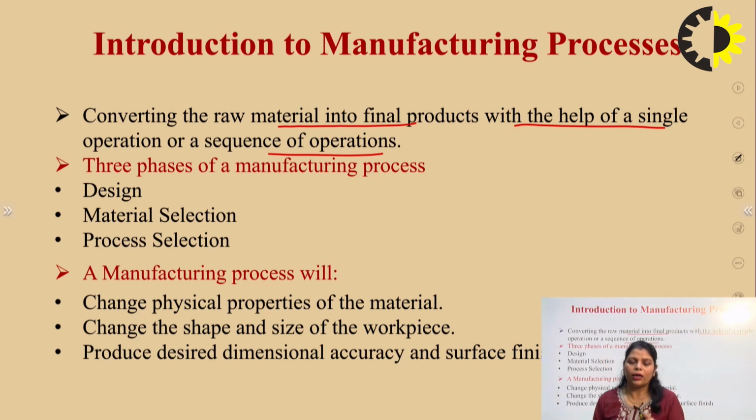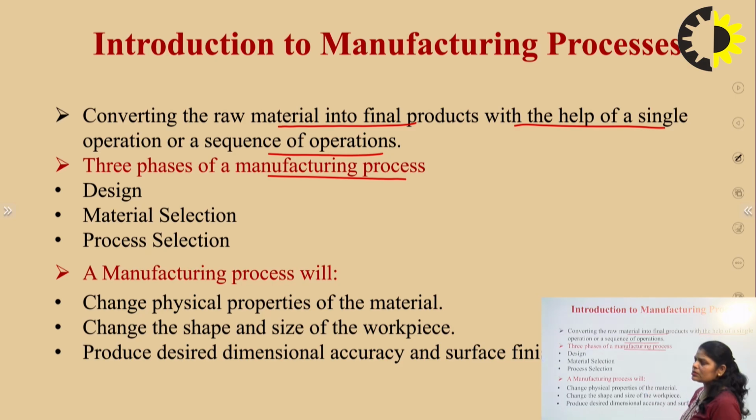For converting the raw material into a final product, it may require only a single operation or it may require n number of operations. That will depend on what we want to manufacture. Now the phases of a manufacturing process. We have divided this into different phases.